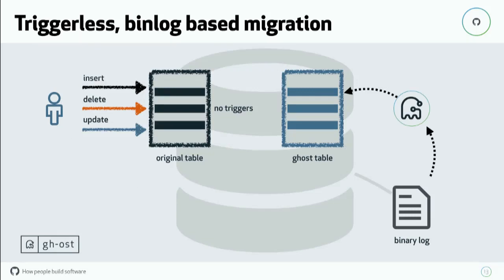So here's what this looks like then. Instead of having triggers between our tables, we're using that binary log, and then Ghost is reading from the binary log and applying to the Ghost table. All right? So that's interesting because now there's nothing that's happening sequentially or synchronously between these tables, and in fact, everything that is going through the binary log is then being applied sequentially to the Ghost table.